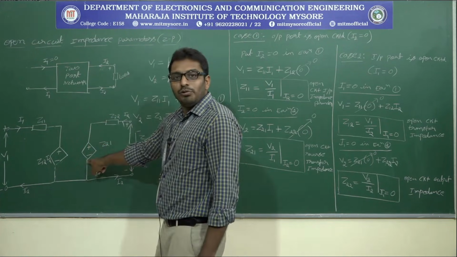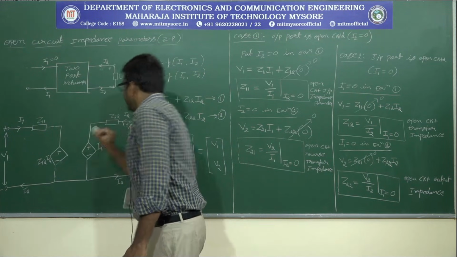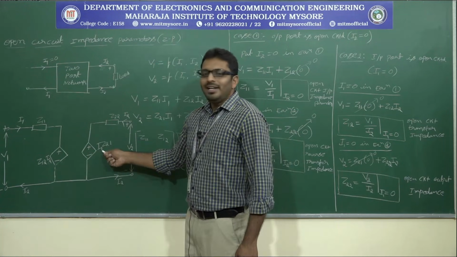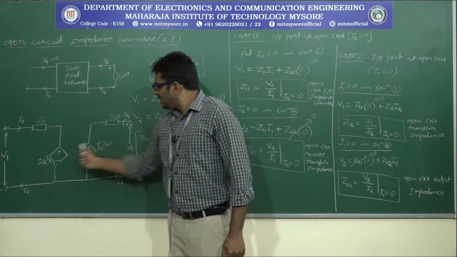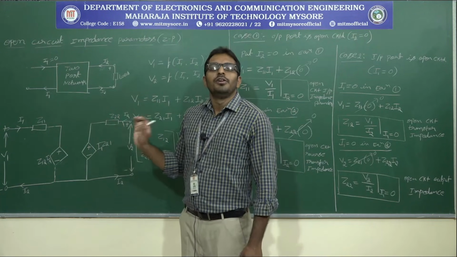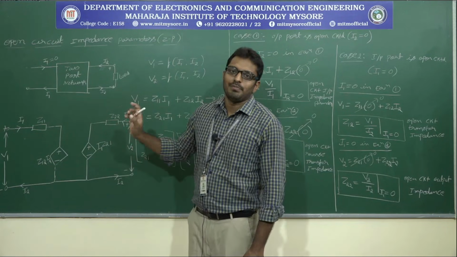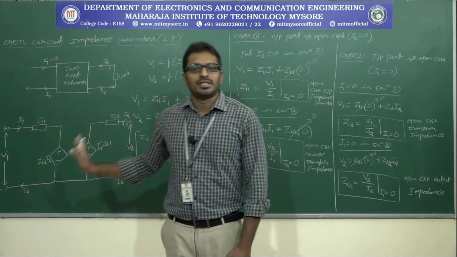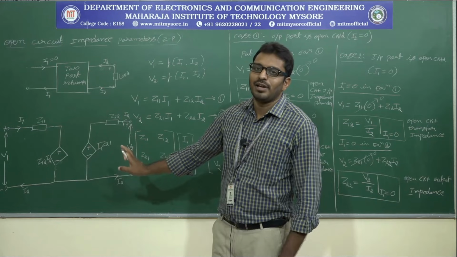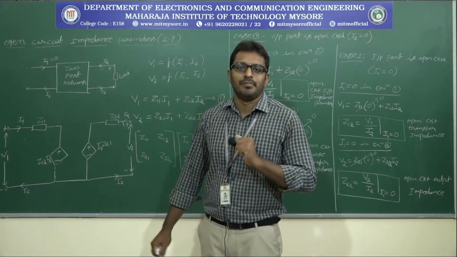This dependent voltage source depends on input current. Output current dependent source, input current dependent source. This is Z12, Z21. This is the equivalent circuit for a two-port network of which parameter? Z parameters. Z parameters equivalent circuit diagram. Don't forget to write this circuit diagram in examination because this circuit diagram carries 2 marks.